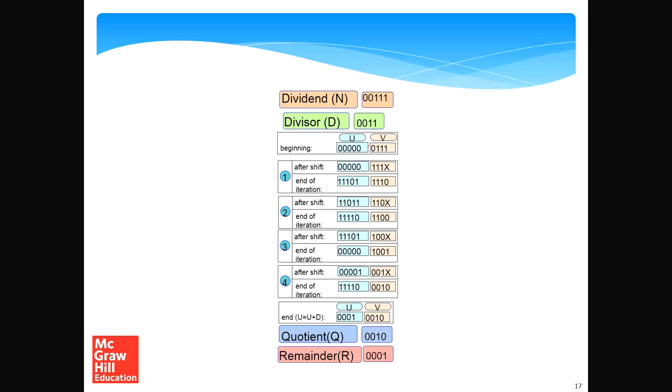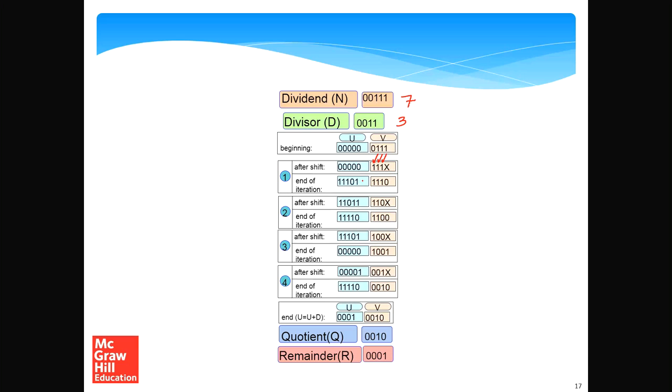So let's again try to do the same division, which is divide 7 by 3. So we start with loading the dividend in the register v, and the divisor can remain in register d. So in the first iteration after the shift, we basically shift the 3 bits 1, 1 and 1 over here.